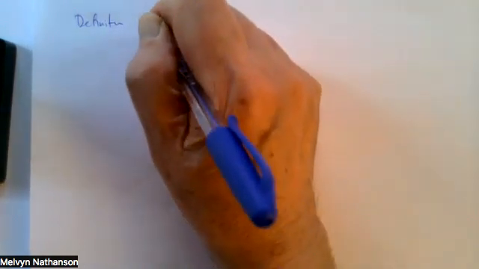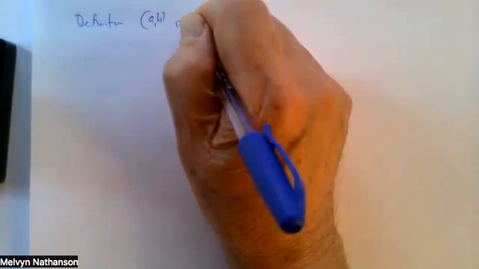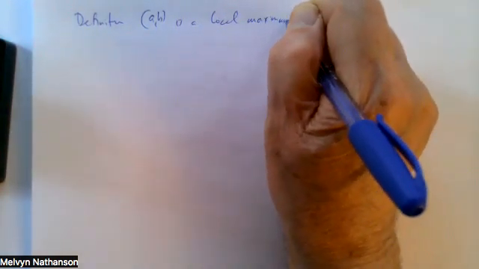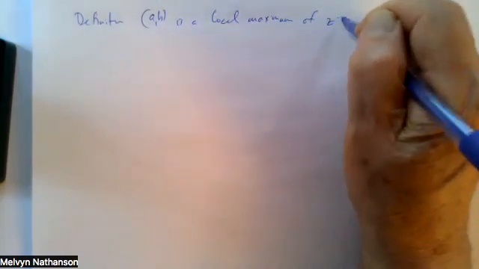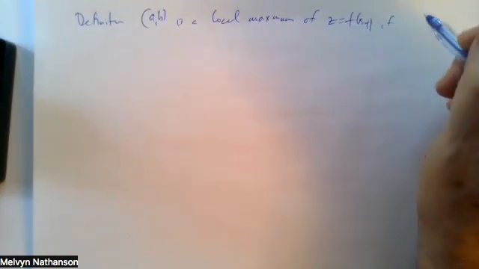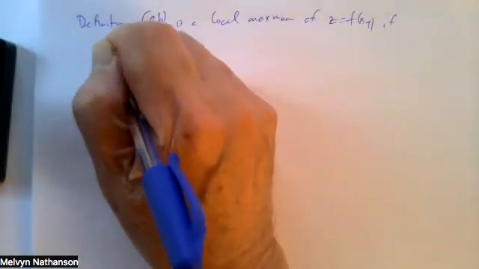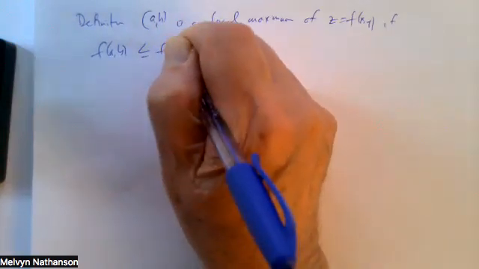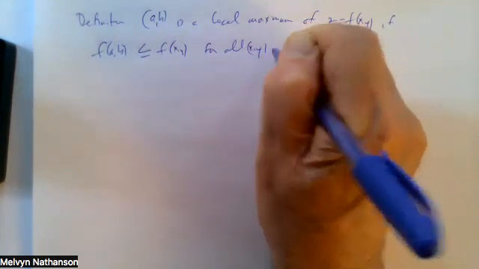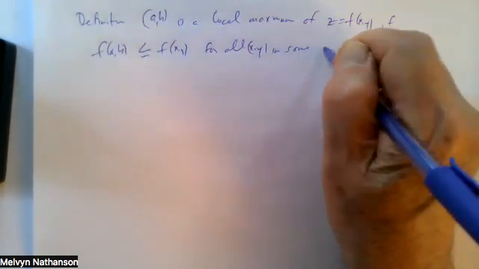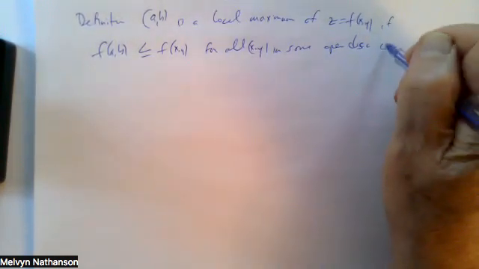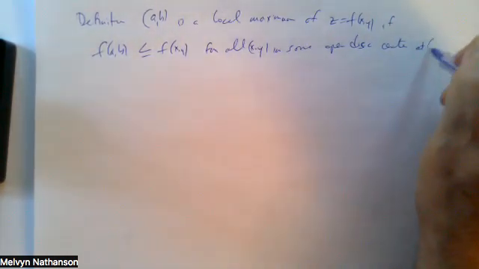So we say that (a, b) is a local minimum of the function z equals f of x, y if f of (a, b) is less than or equal to f of (x, y) for all (x, y) in some open disk with center at (a, b).